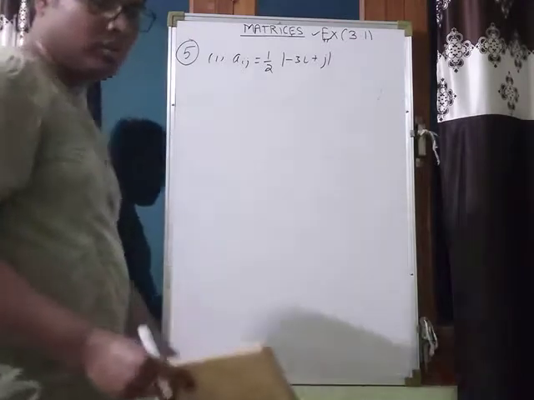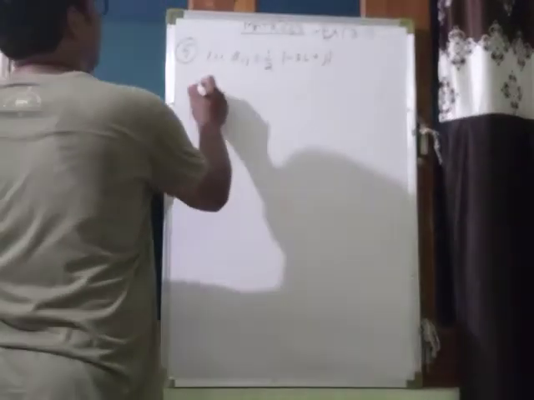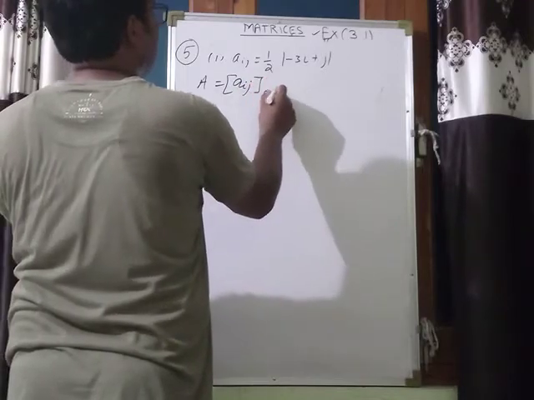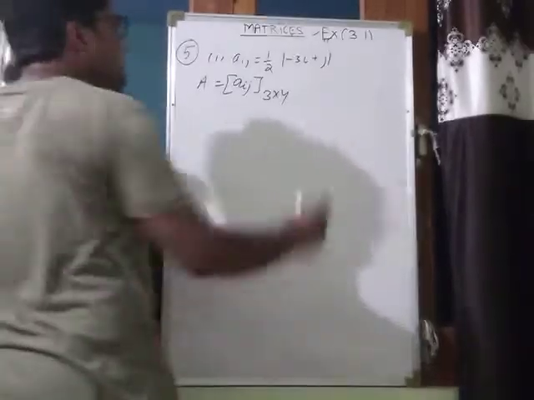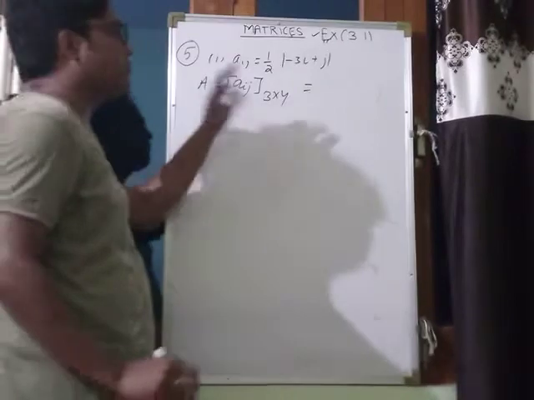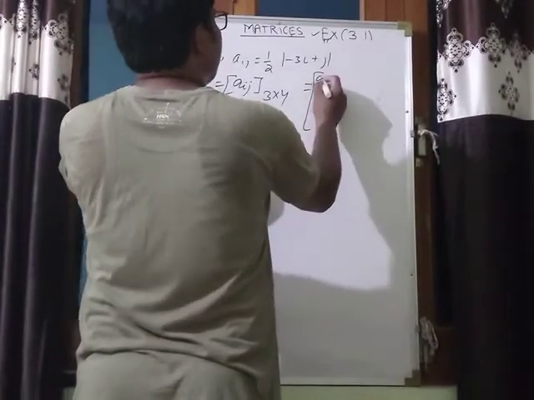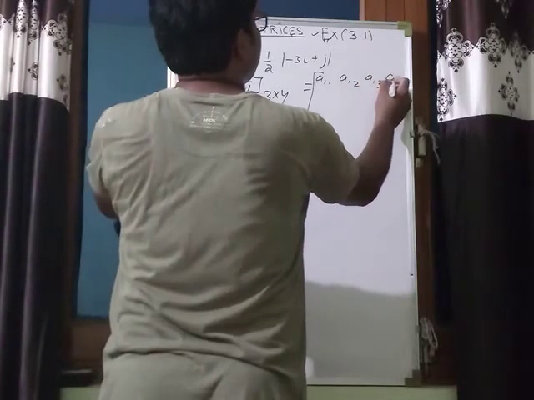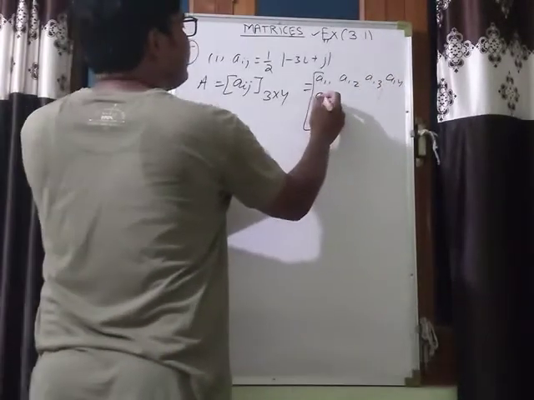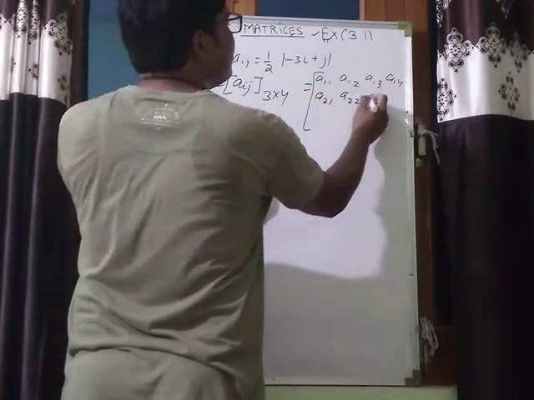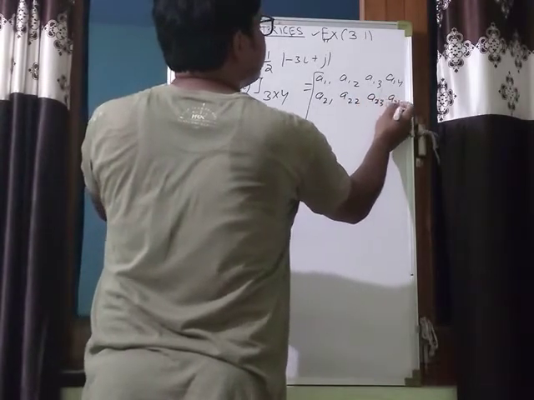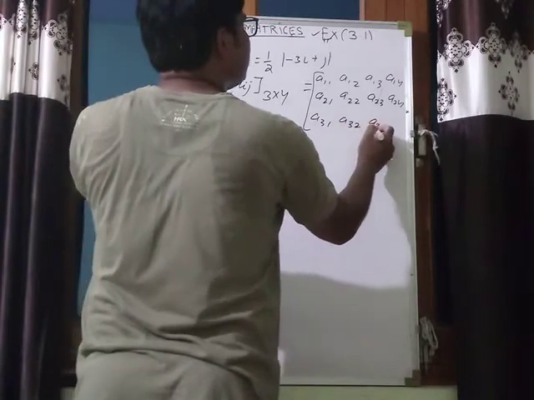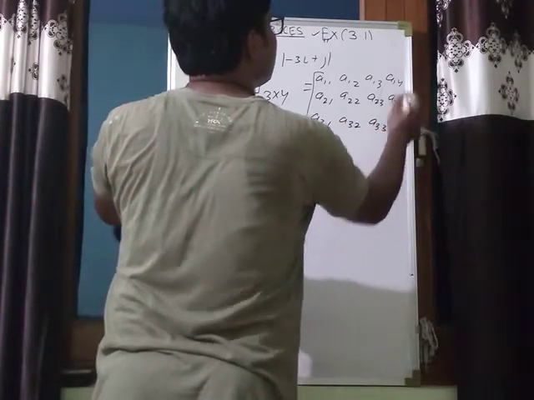Okay, so we have to form a matrix of order 3 by 4. Clearly, there are 3 rows and 4 columns: A11, A12, A13, A14, A21, A22, A23, A24, A31, A32, A33, A34.